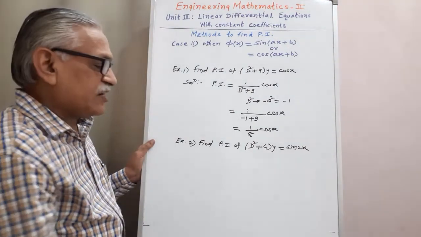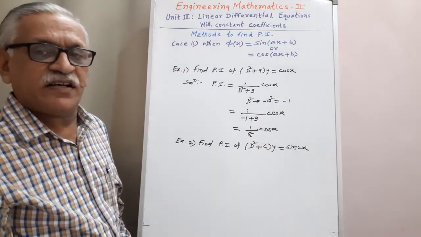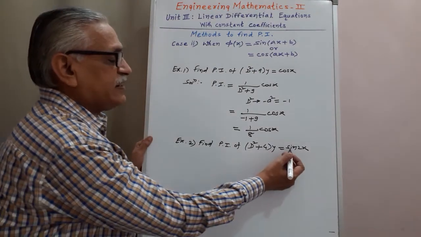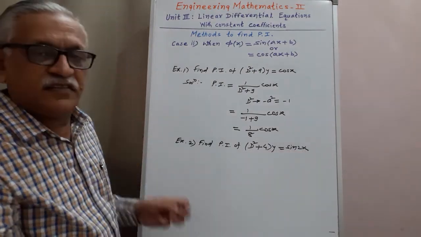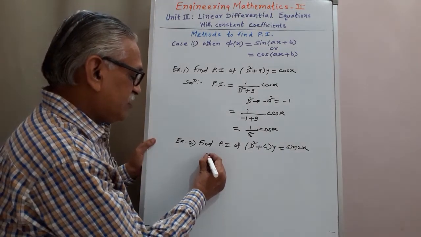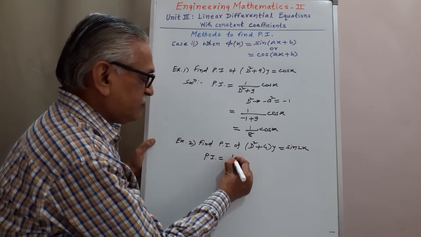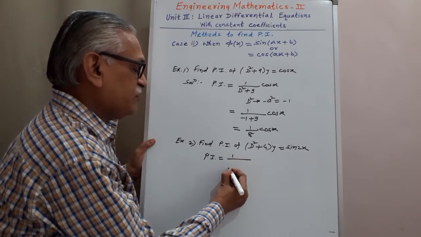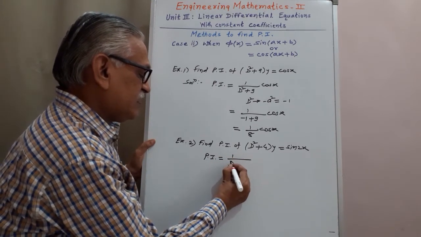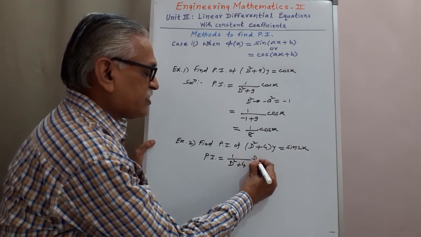Once again, a second order linear differential equation with y as the dependent variable, x as the independent variable, and the term on the right hand side is in the form of sin of ax plus b. Therefore, to find PI by that shortcut method, it is 1 upon f of D square. That term is D square plus 4, which we have to operate on sin 2x.